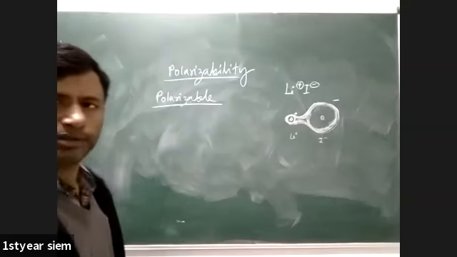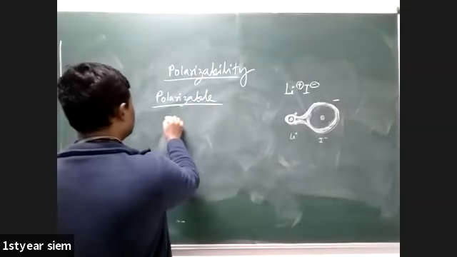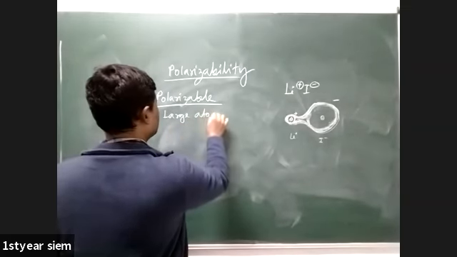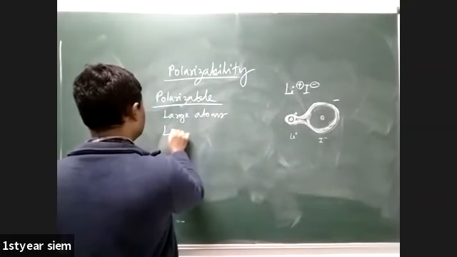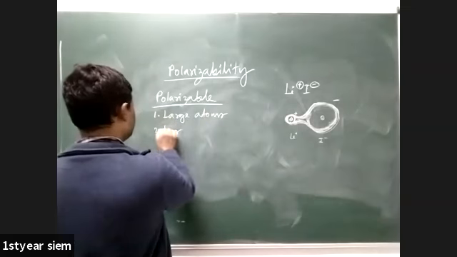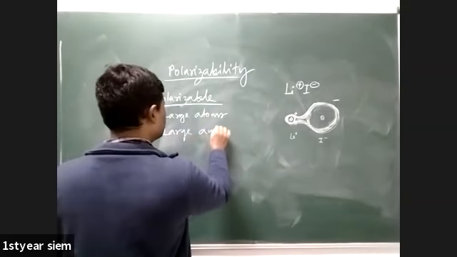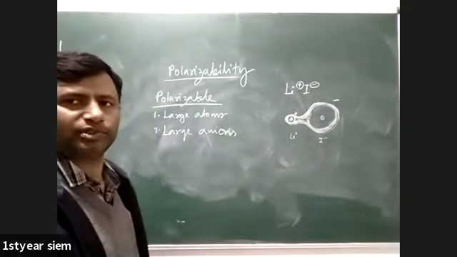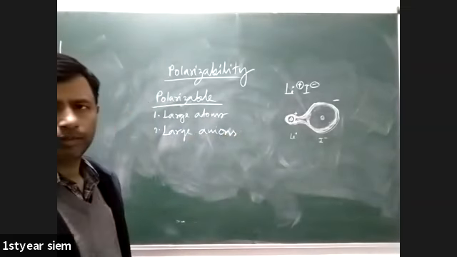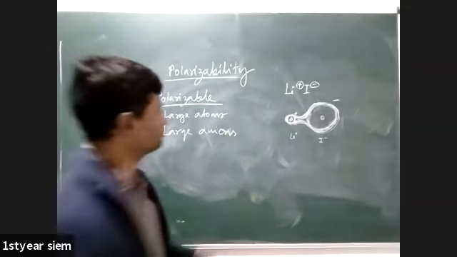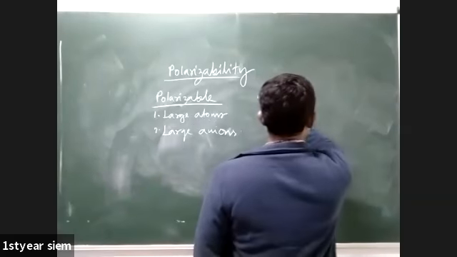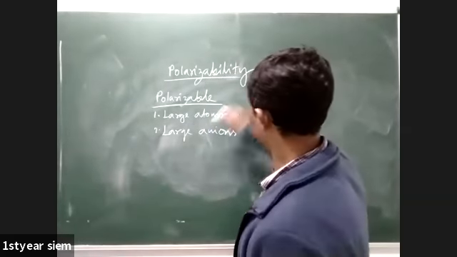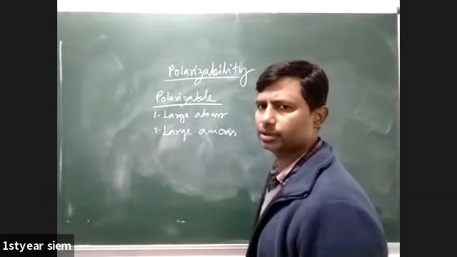Which atoms and ions are polarizable? Generally large atoms and large anions are polarizable. This phenomenon, the polarization of large atoms or anions, is called polarizability.